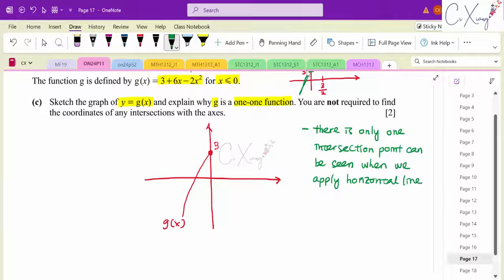The horizontal line test means that you draw a horizontal line and figure out how many intersection points there are at a time. Every single time you draw the horizontal line on g(x), you realize that there's always only one intersection point. So this is how we get the graph and also how to explain it.